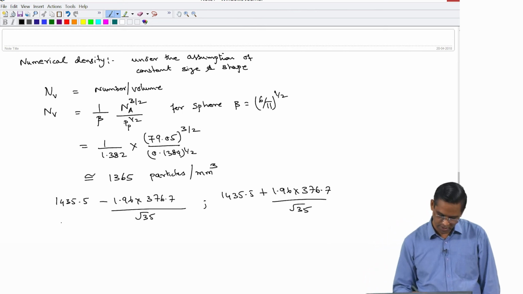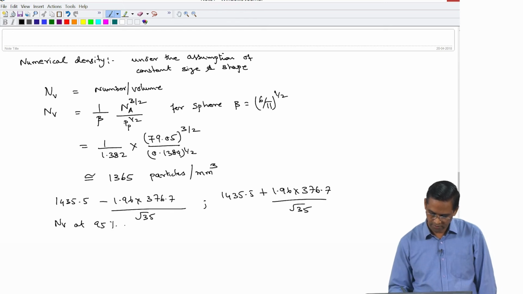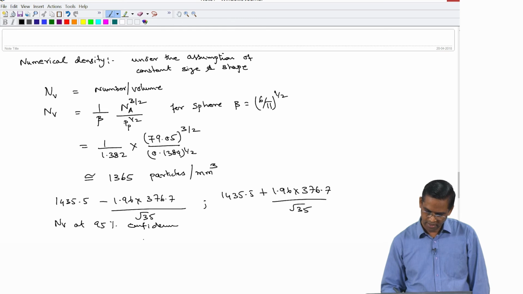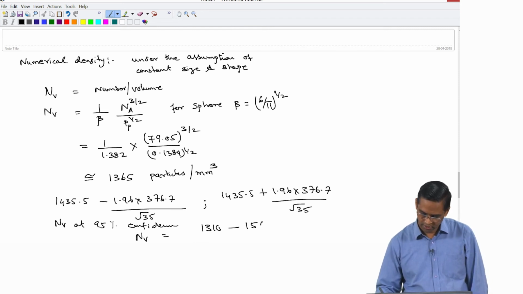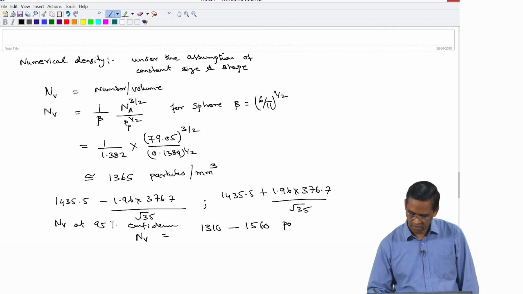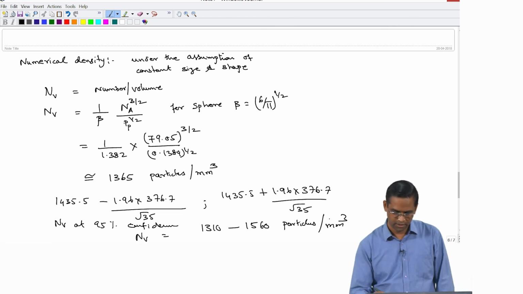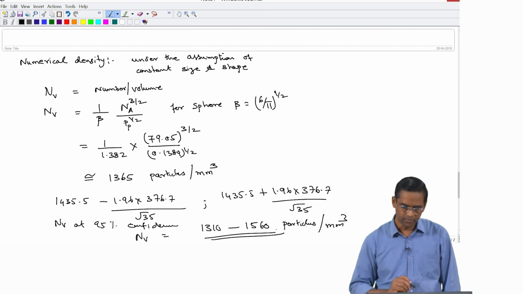So, Nv at 95% confidence, you can write, is 1310 to 1560 particles per millimeter cube.